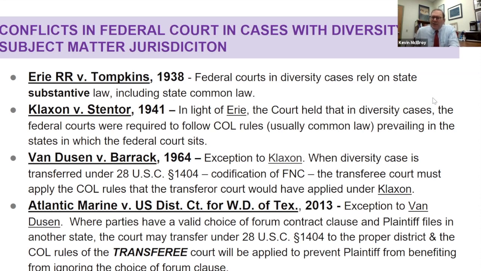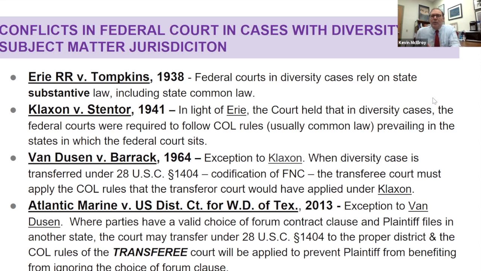But all the witnesses, all the documents, things like that are located in Pennsylvania, outside the subpoena power of New York State federal court. So the case gets transferred under 28 U.S.C. 1404 to federal court in Pennsylvania.